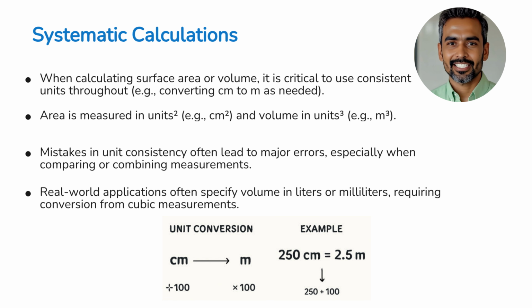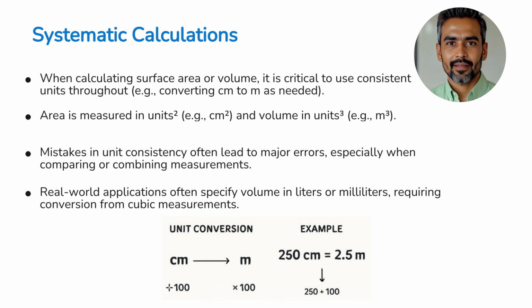Watch out for mistakes here. Mixing units, like using centimeters for length but meters for width, can cause big errors in your answers. Sometimes, you'll need to convert between units. For example, since 1 meter equals 100 centimeters, converting requires multiplying or dividing by the right powers of 10 to keep measurements consistent.